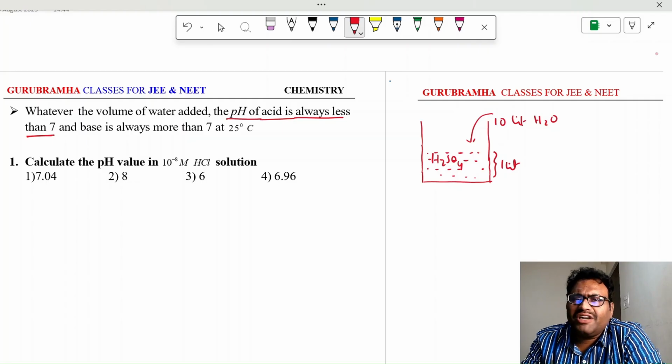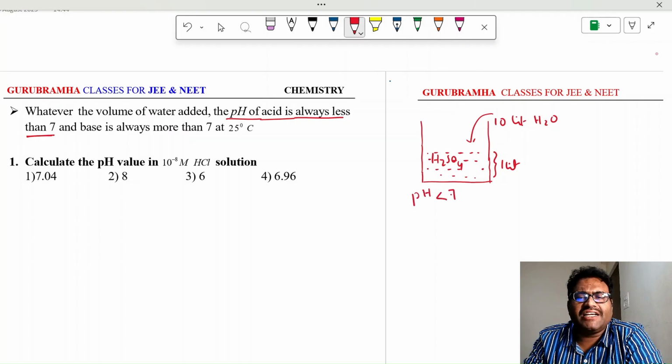So whatever the amount of water you add to an acid solution, its pH will always be less than 7. Are you getting this?